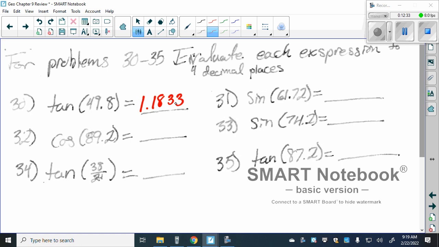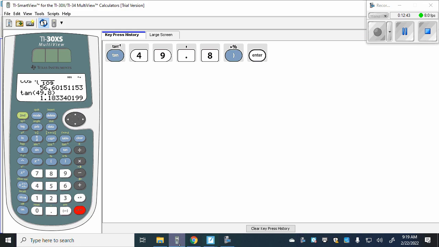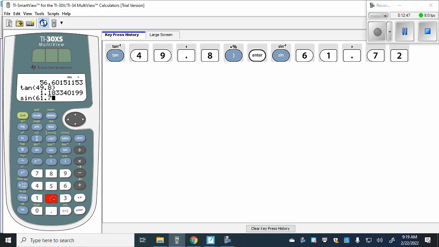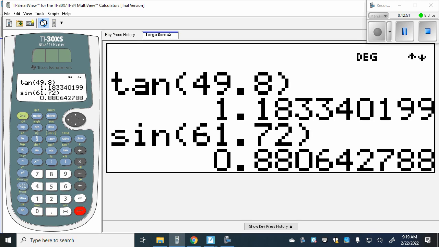That's it. I mean, we can do the same for sine of 61.72. Sine 61.72. .8806.